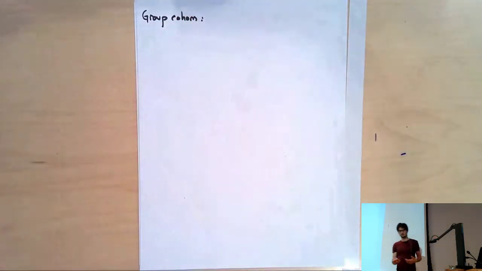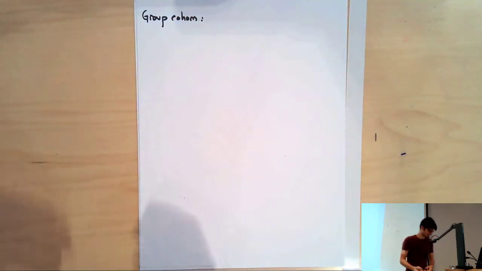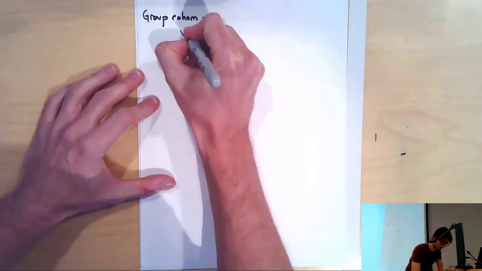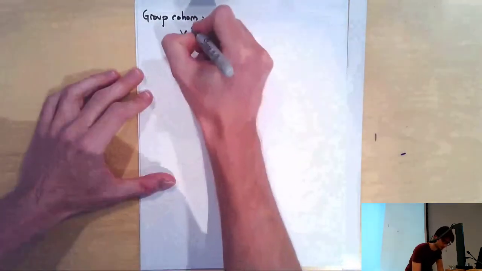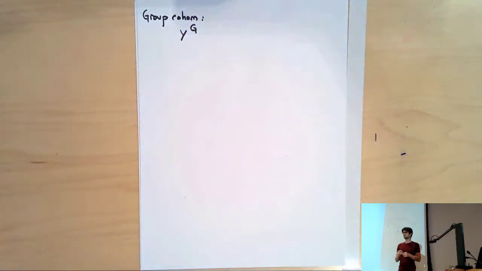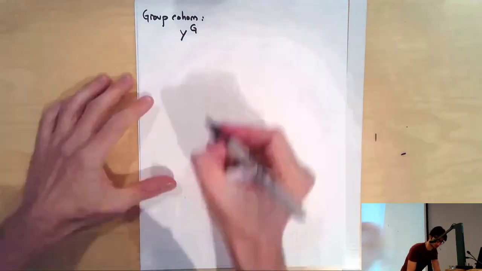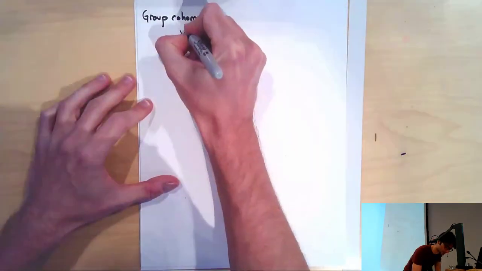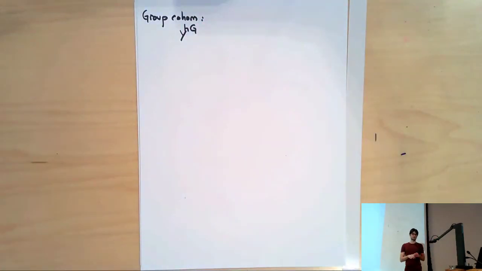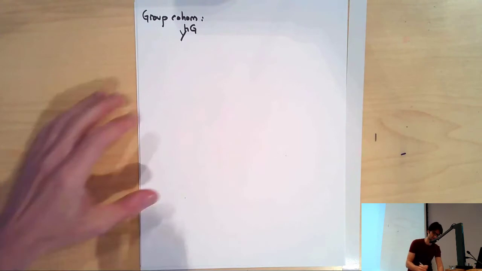I'll follow the notation which is standard in the subject, one might call topologist's notation. I've got my complex or my module, I've got G acting on it, and I want to look at the invariants of this action, but I want to do so in a derived fashion. That's what group cohomology is. So we insert a little h for homotopy. I'm looking at the homotopy invariants, the homotopy fixed points of this action.